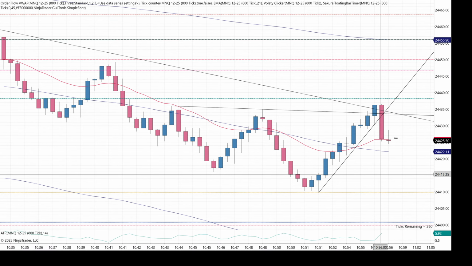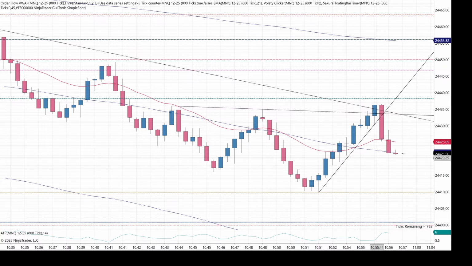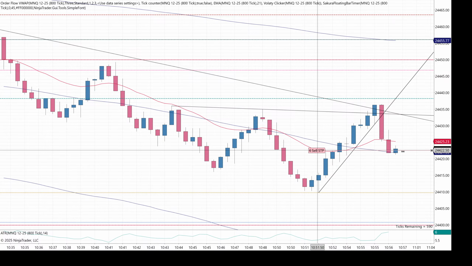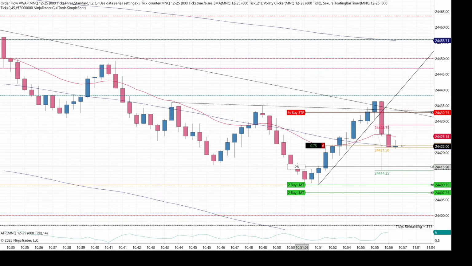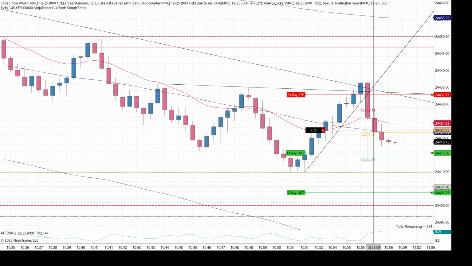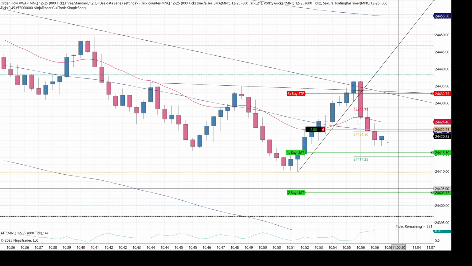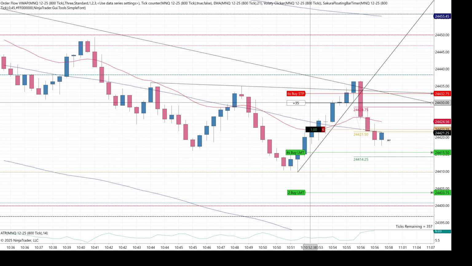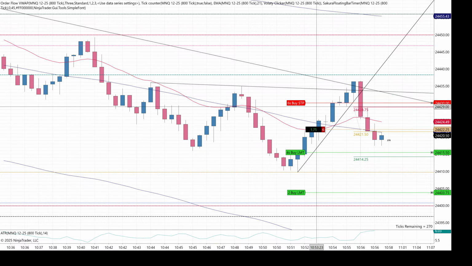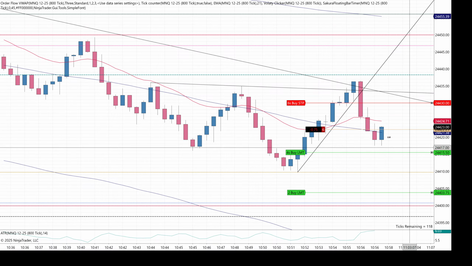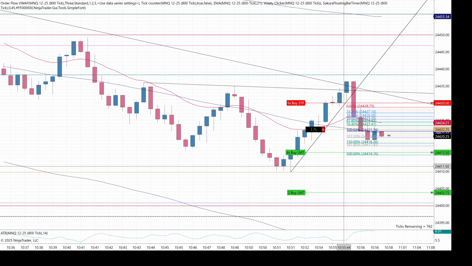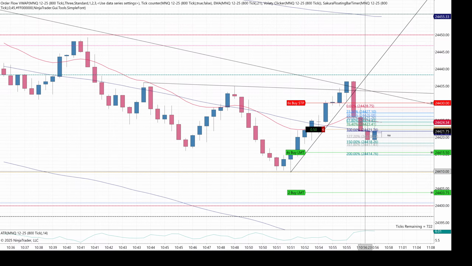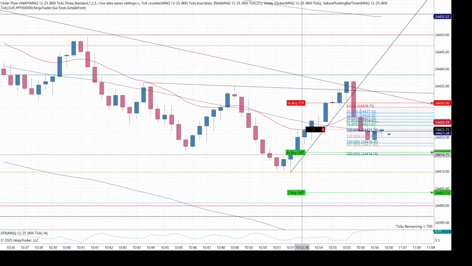Golden ruler moves down. This is a signal to go south. It's going to be 30. $14.75.